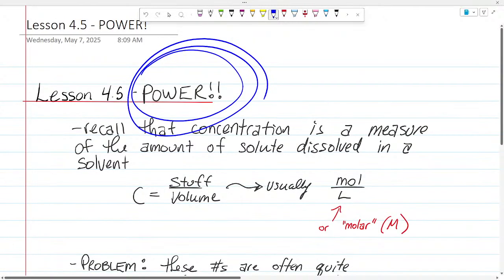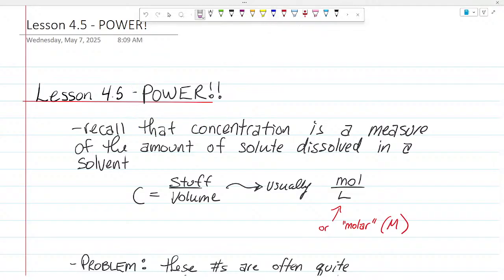power. Yes, correct. And by power, what I mean is power in the mathematical sense. In math, what is a power? Yes, very good. It is a number that includes an exponent. So let's take a look at that.